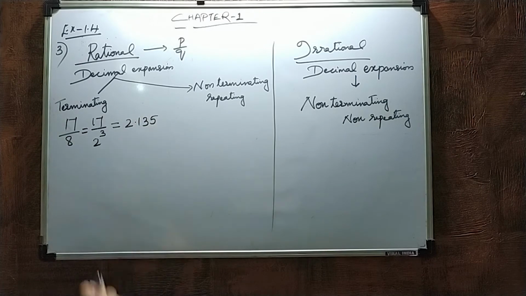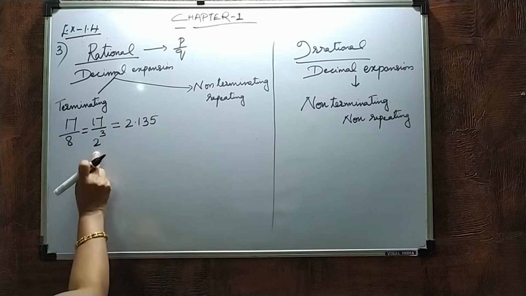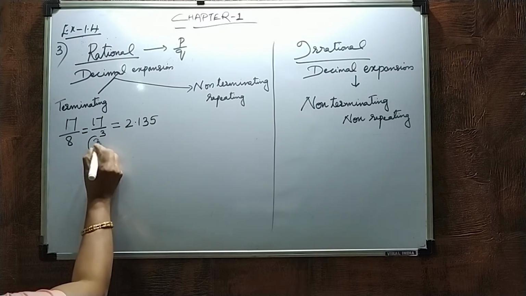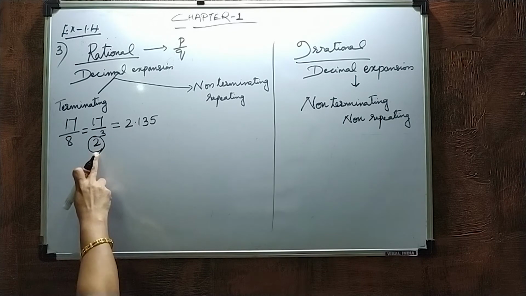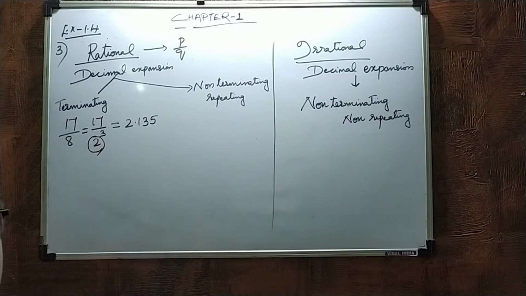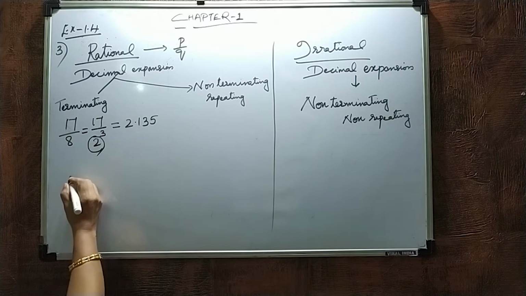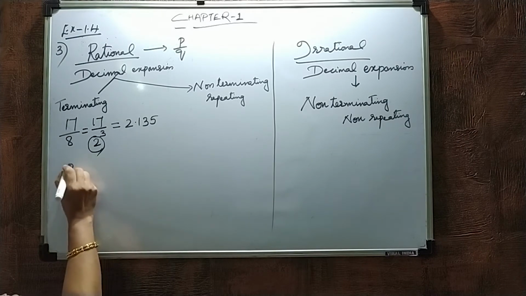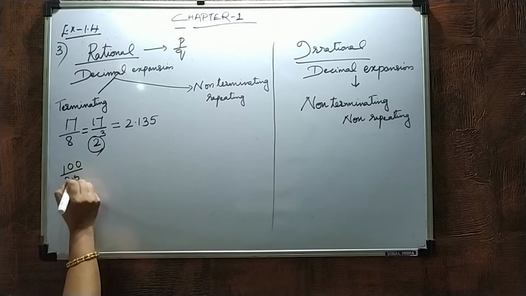Now look, this decimal expansion terminates, it stops. So 2.135, when Q is in the form of 2 only. Clear? The factor is only 2, and it terminates. Then the next example is 100 divided by 25.